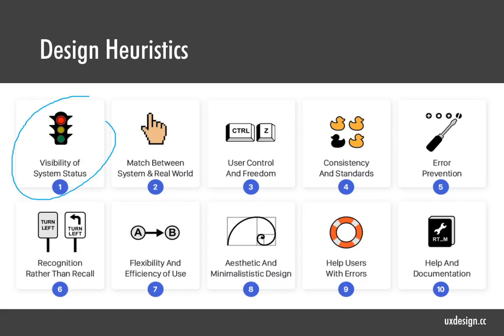You ask yourself, does your design let the users know what is going on? And second, do your interface, icons and buttons represent the right intended meaning? Third, does your interface provide undo, redo, go back, or go forward functions?